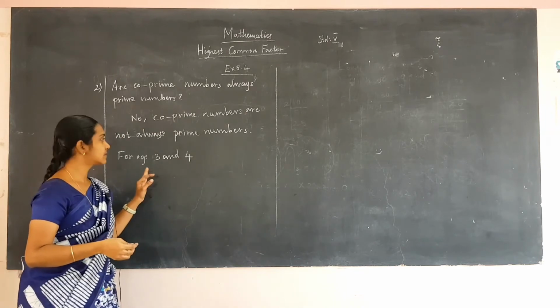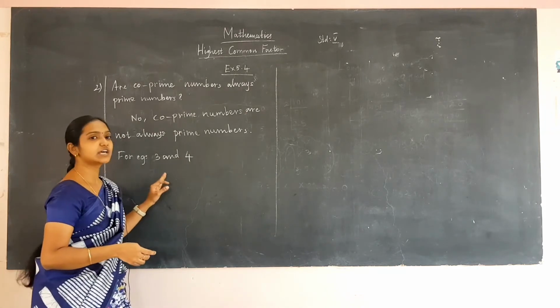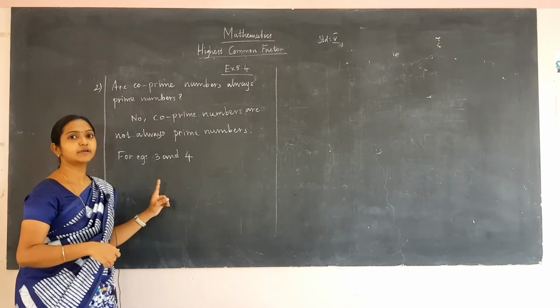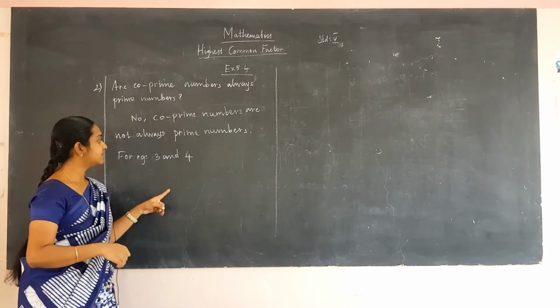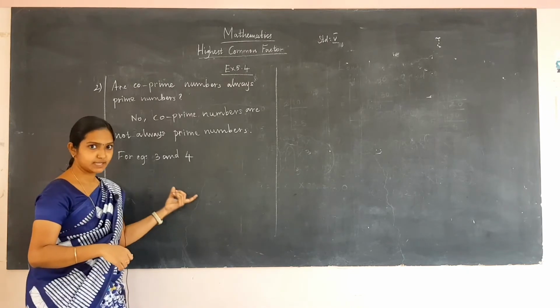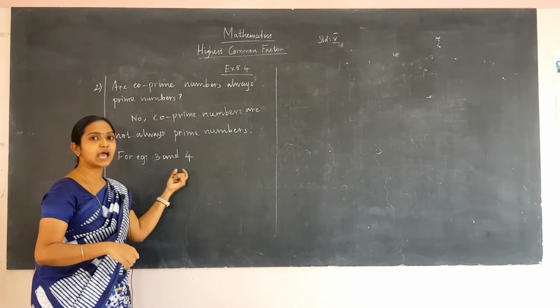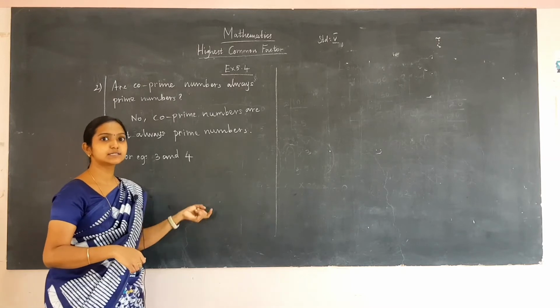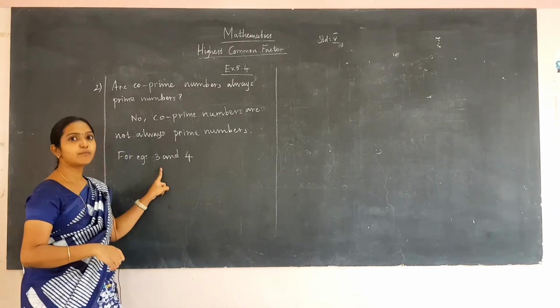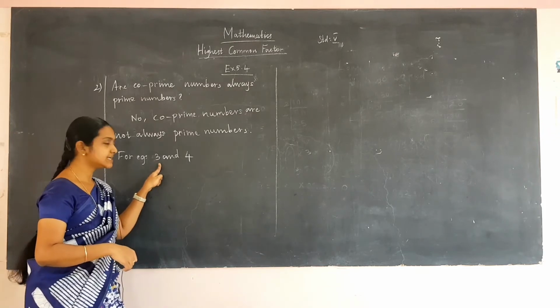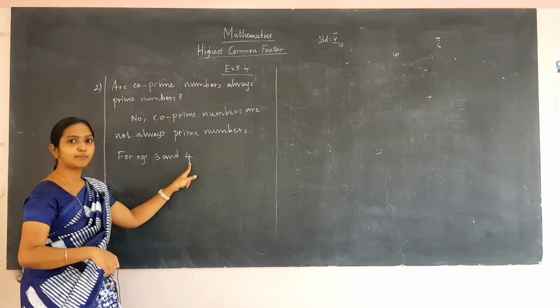Co-prime numbers means the numbers which are having 1 as the common factor. Two numbers should have their common factor as 1 only. Such types of numbers are called co-prime numbers. Here 3 is a prime number and 4 is a composite number.